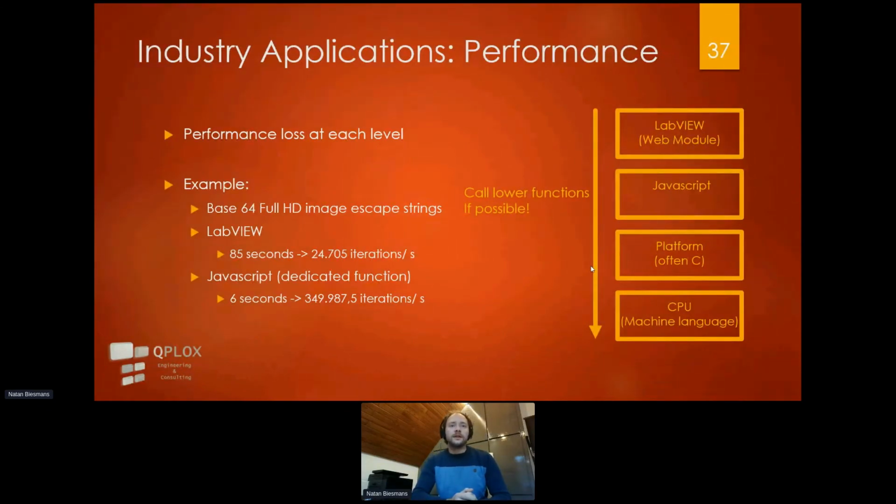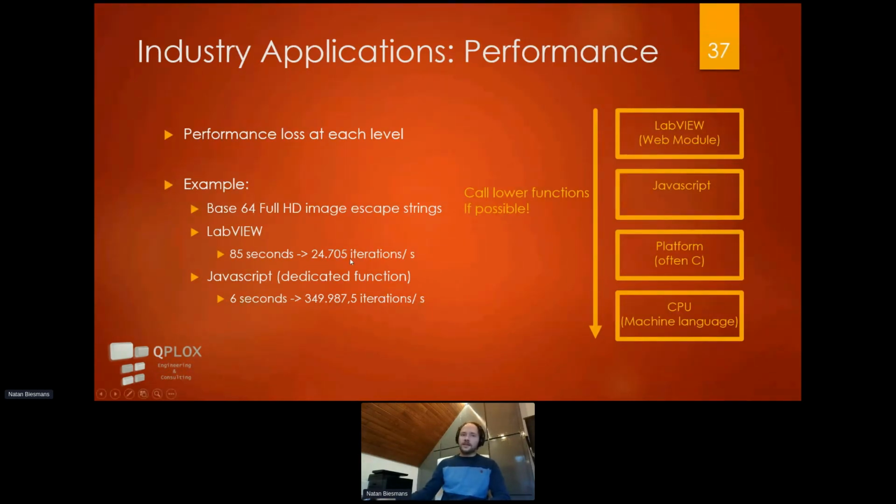So when taking an image, I encode it as a base64 string. However, when I want to push it through HTTP, I need to escape the string because there are a couple of illegal characters. If I do that in LabVIEW, a full HD image, so 1080p, it takes about 85 seconds, which is extremely long to just go through the entire string looking for specific characters, and if you can find them, replace them.